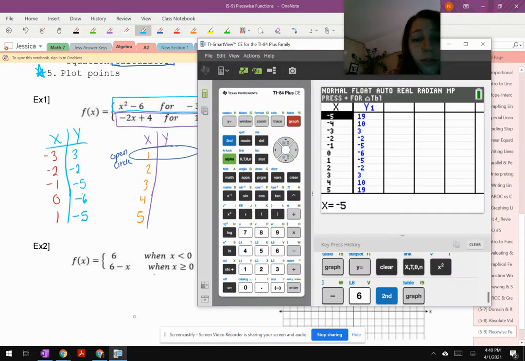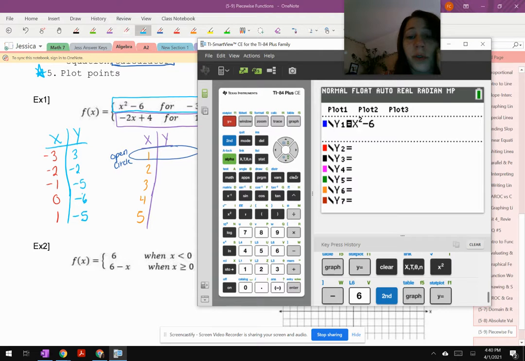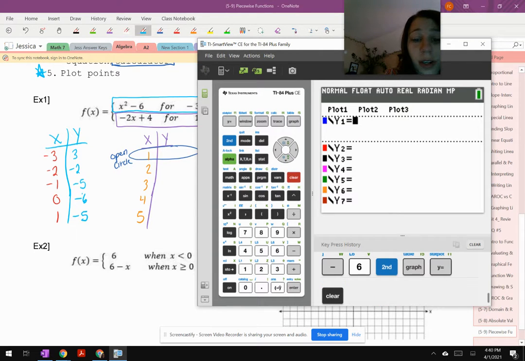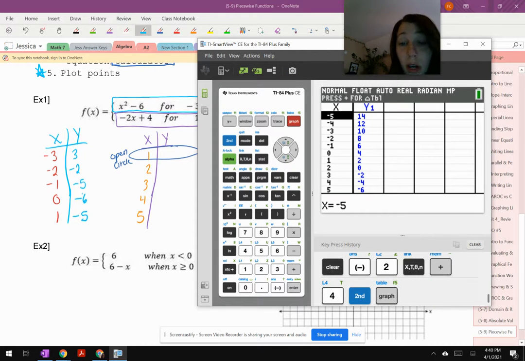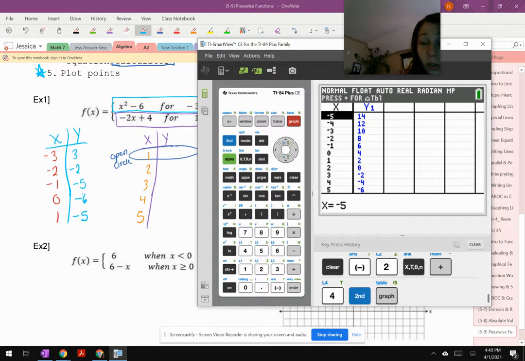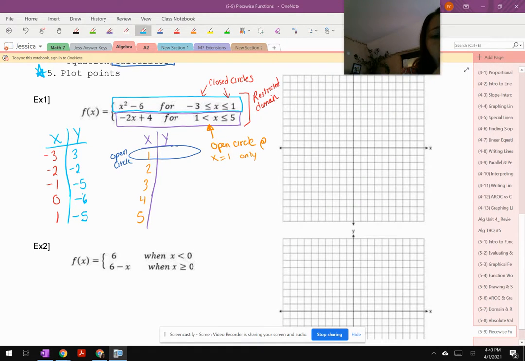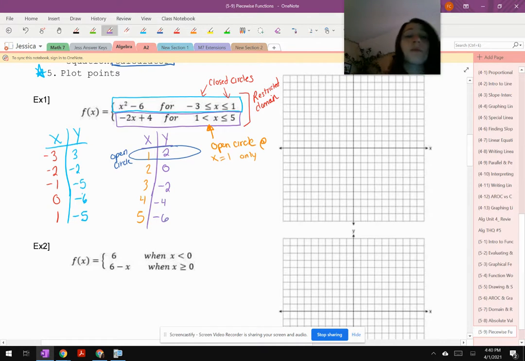Okay, so now for my other equation, y equals -2x plus 4, second table. For 1, it's giving me 2, so 2, 0, -2, -4, -6. That's easy enough to remember. Starting at 2: 2, 0, -2, -4, -6.